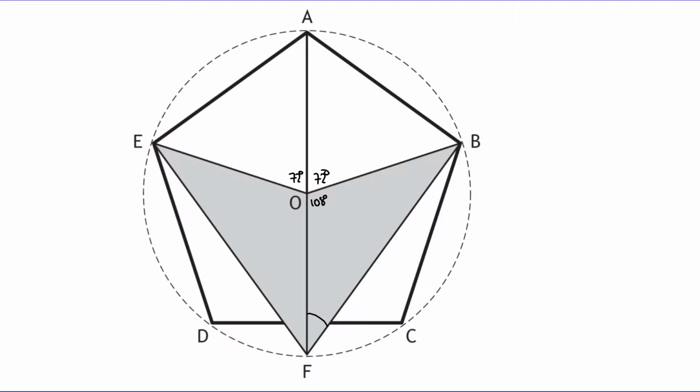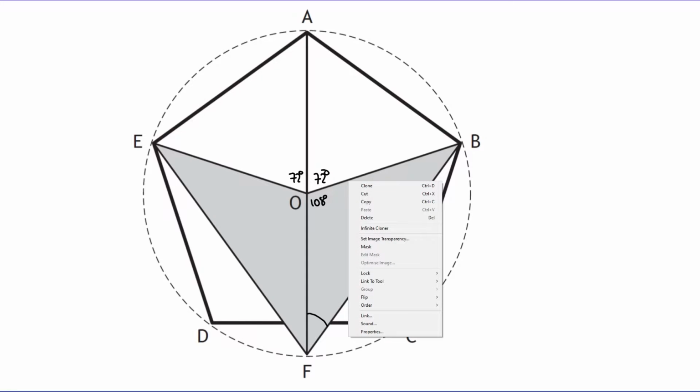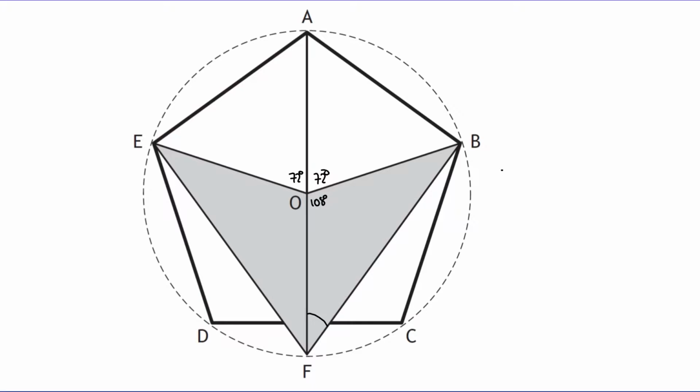Now if you look at this, this is going from the center of the circle out to the circumference, same here. So both these lines from O to F and O to B are equal. They're both the radius, which means it's an isosceles triangle. So these two angles must be equal.